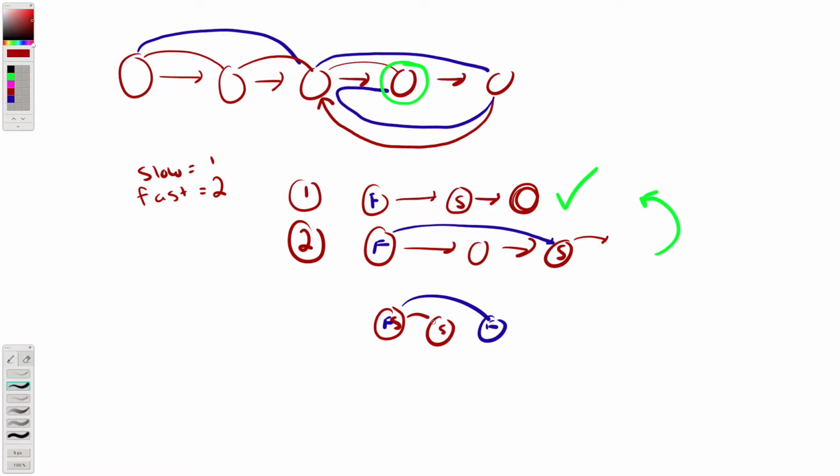That's the only way, but then they already intersected. So they have to intersect. That's some intuition. This is called the Floyd cycle detection algorithm, or the hare and the tortoise algorithm, because the fast is like the hare and the slow is like the tortoise.